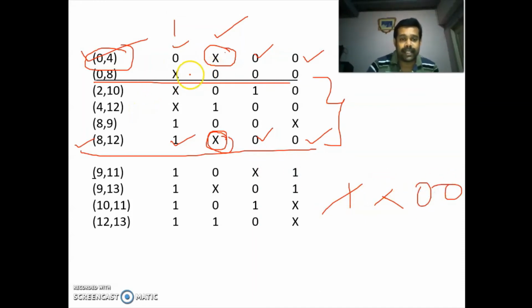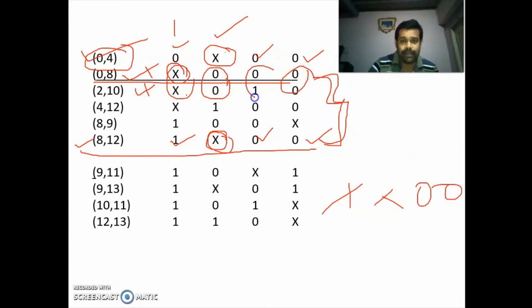Next you have to check here. So you are having x in the first position. Now you have to check in this area whether you are having x in the first position, and they have to differ by only one bit. So you take 0, 8 and 2, 10. You take here x, no problem. Here 0, no problem. Here 0, no problem.